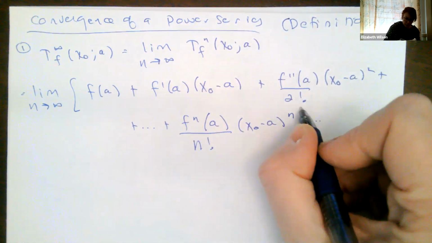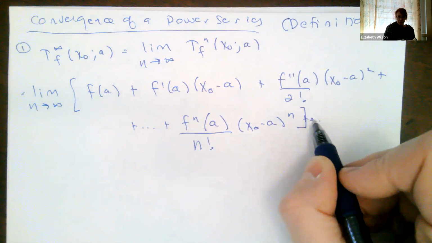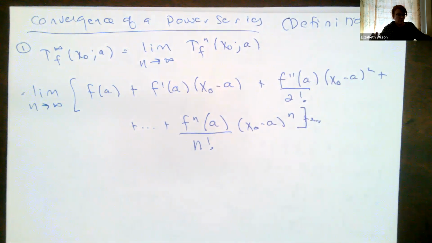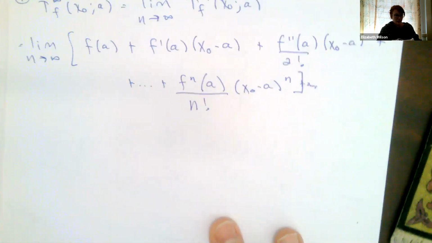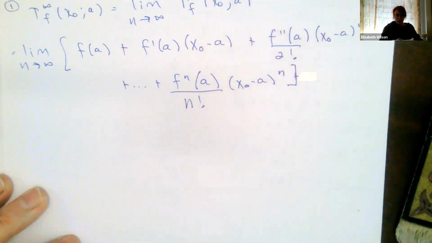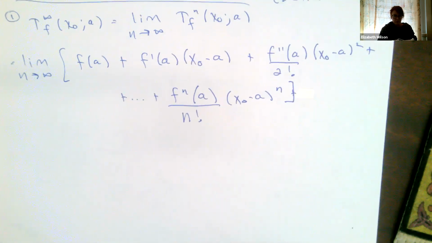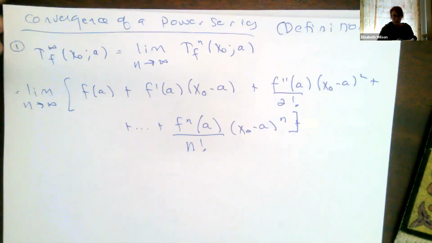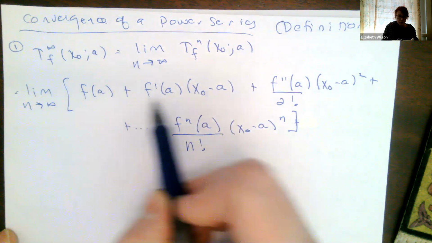Oops, sorry, because we're going out to infinity, there's no dot dot dot. Sorry, it's like I knocked over my camera. All right. Okay, so all we did was take the limit of our power series.